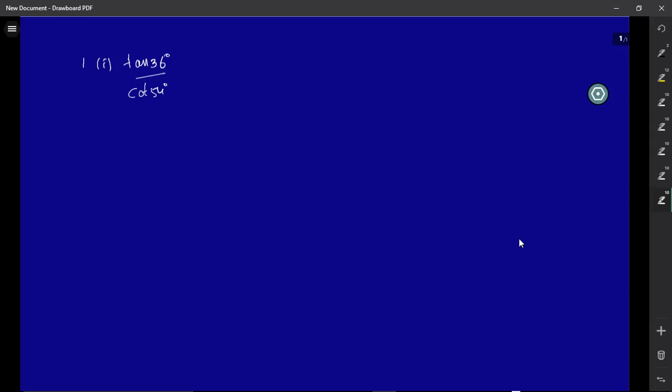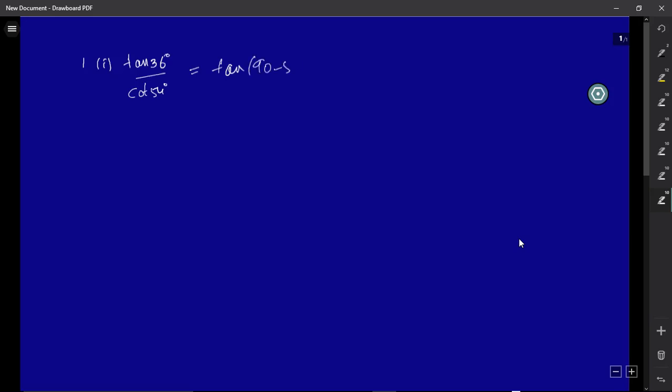You just have to make sure both the angles are equal. If the numerator has the angle as 36 degree, the denominator should also have an angle of 36 degrees. Or else if the denominator has an angle of 54 degree, I'll have to make sure the numerator also has an angle of 54 degree. Let me just do it this way.